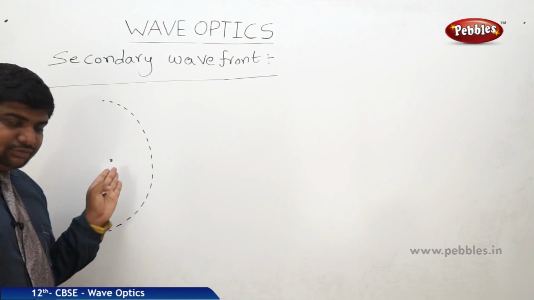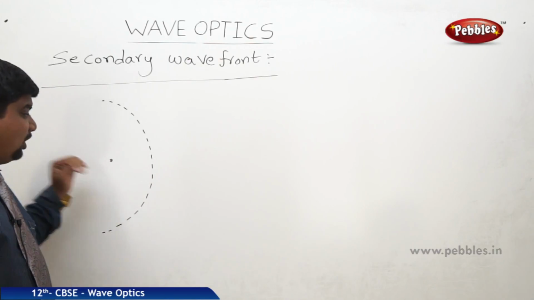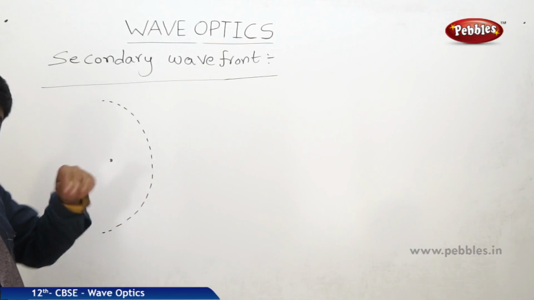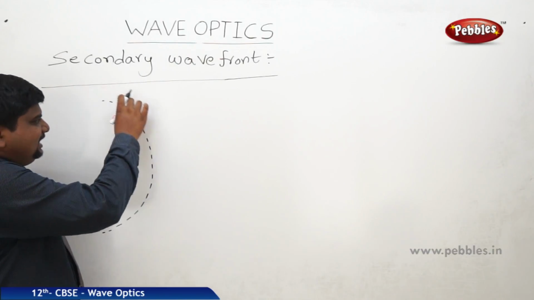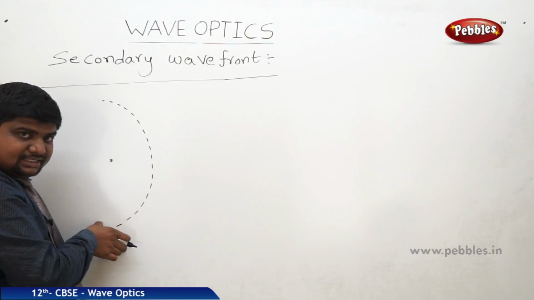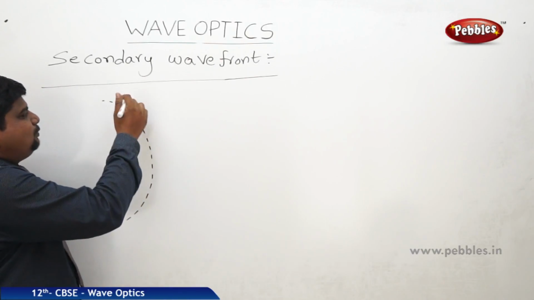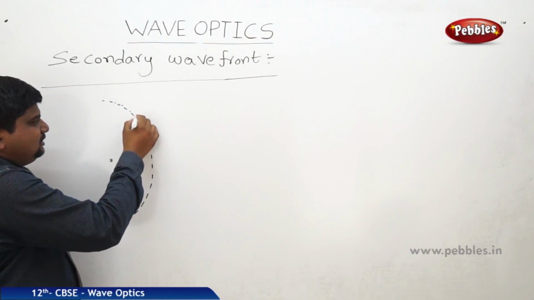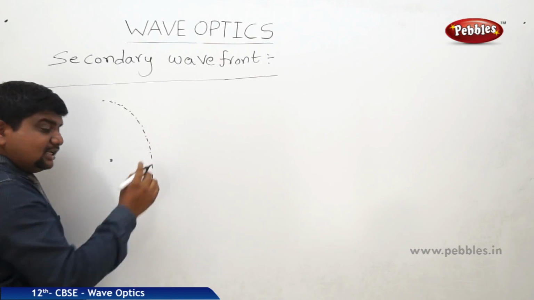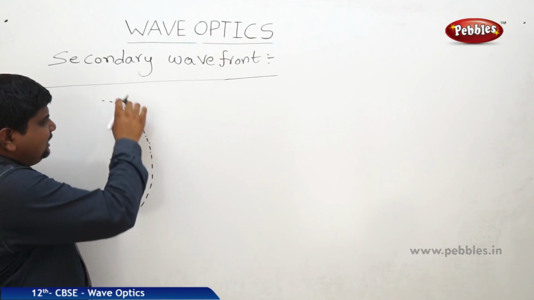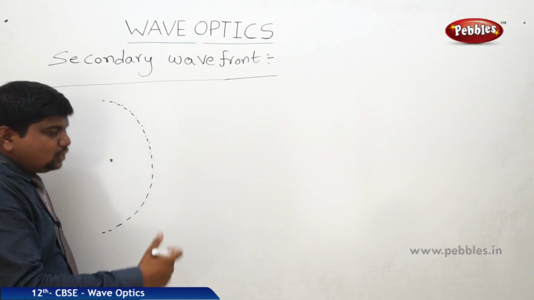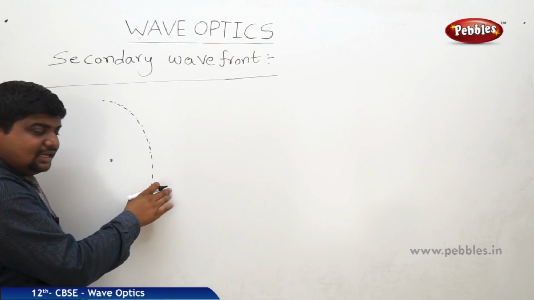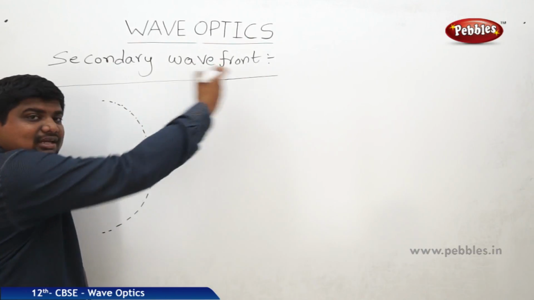This imaginary surface drawn around the point of disturbance with respect to the given source is called the wavefront. We know this. Each point on this wavefront has some velocity. Each point of this wavefront is a fresh source which can create a disturbance to the next level.